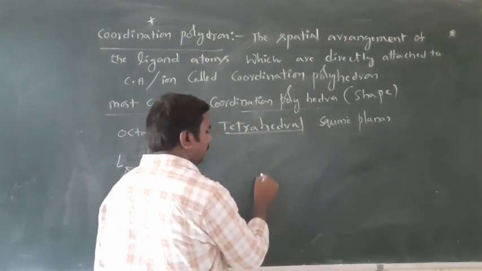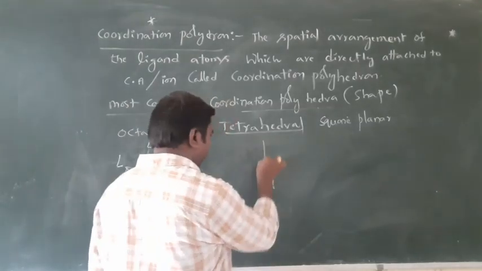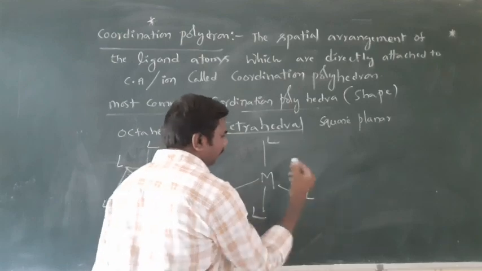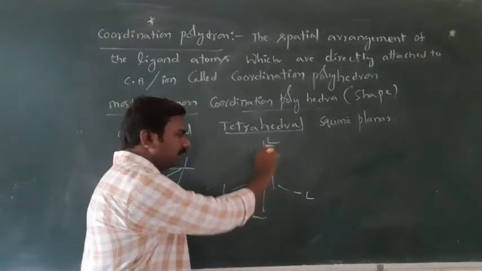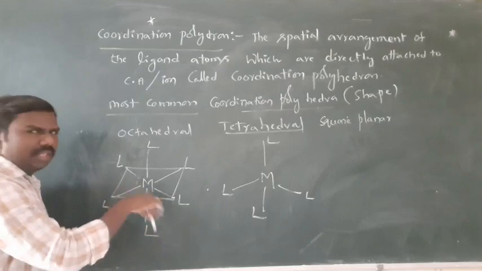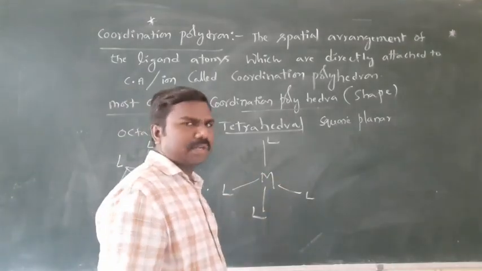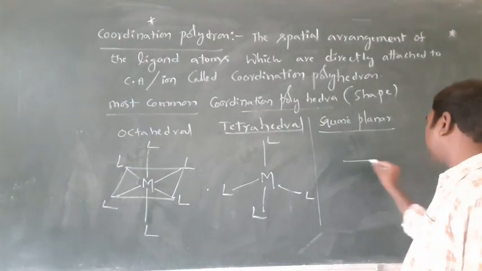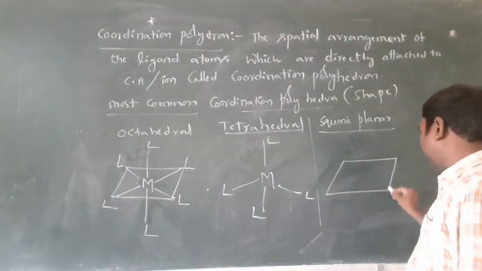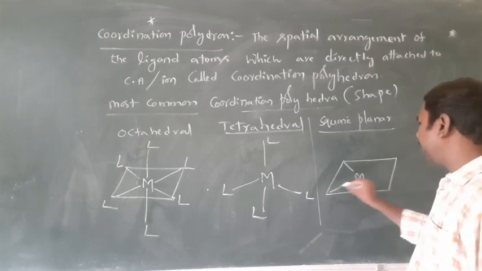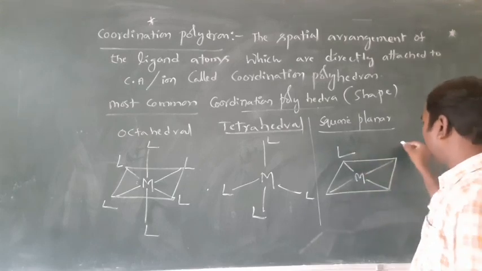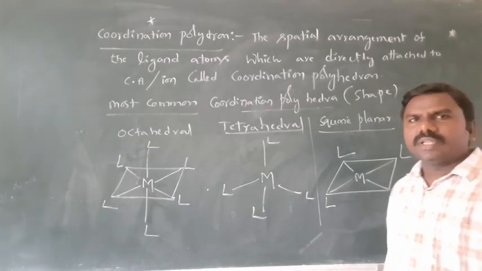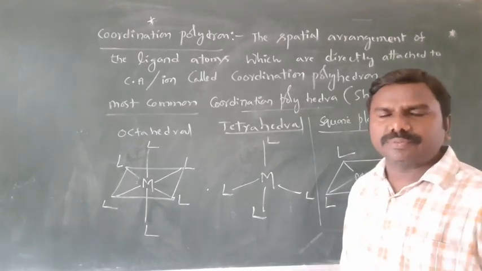Tetrahedral shape: central metal atom, with ligands arranged in a tetrahedral shape. If we connect all these, you get an octahedral or tetrahedral shape. Square planar means a central metal and only 4 ligands. This is a square planar shape. Like that, we can observe many shapes also.